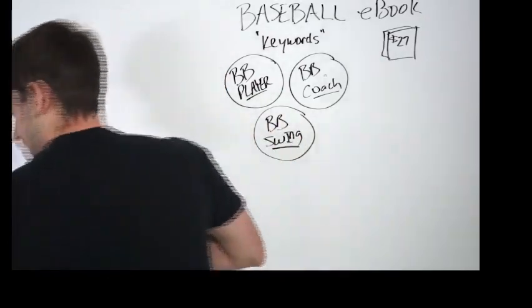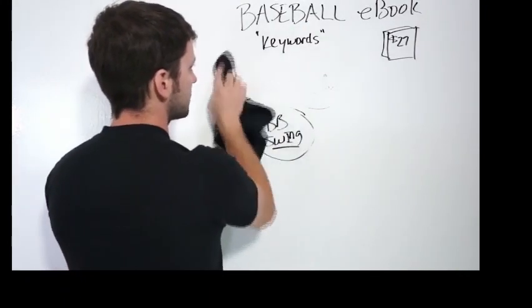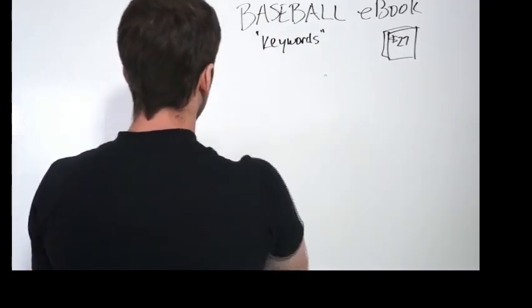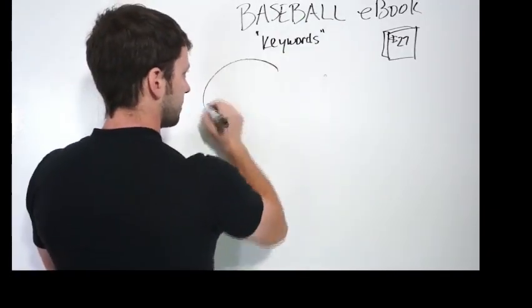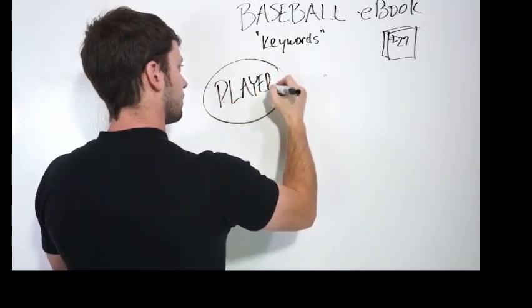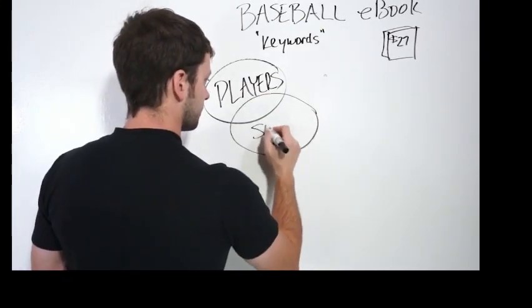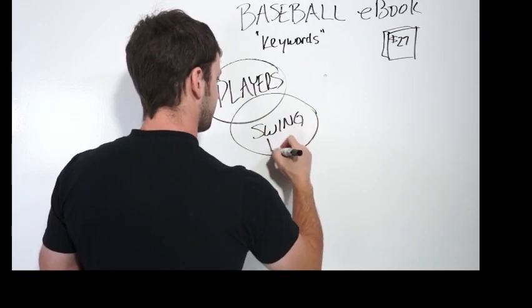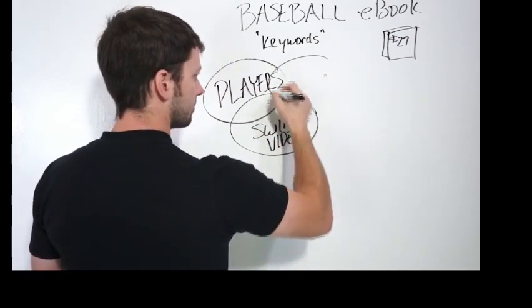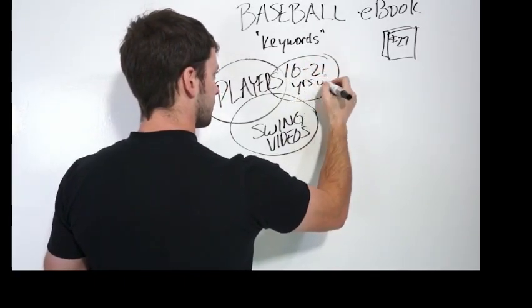Well, now Facebook lets me actually overlap all of these keywords. So in this scenario, I can go find all of the baseball players who also like baseball swing videos, and then who are also 16 to 21 years old.